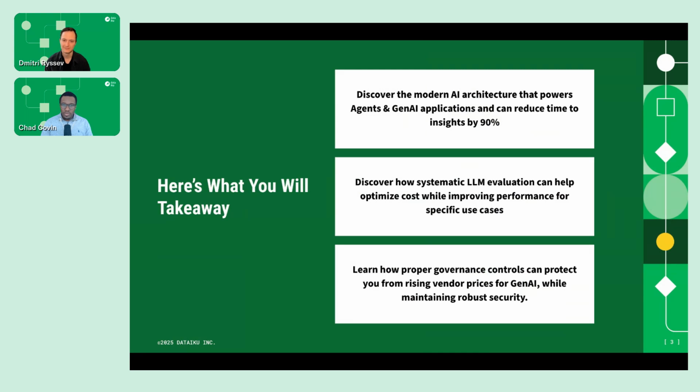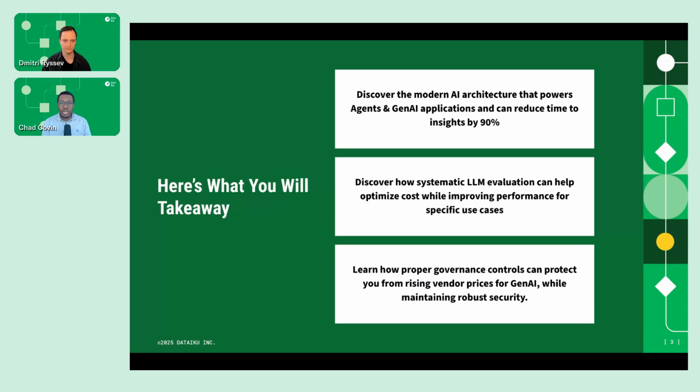So right up front, where are we going today? First, we'll discover the powerful modern architecture behind today's most successful AI and agentic implementations, and we'll show you how a flexible framework can drastically reduce time to insights. We've already seen companies like Novartis experience a 90% reduction in time to insights using this approach.